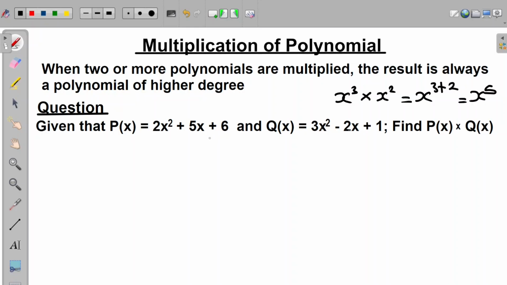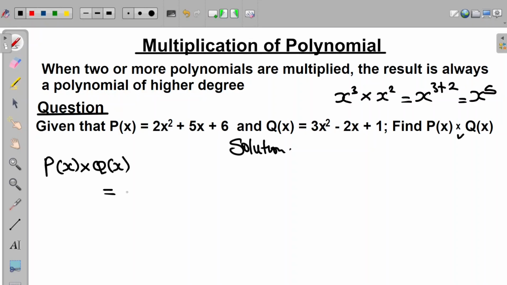So we are given that p of x is equal to 2x squared plus 5x plus 6, and q of x is equal to 3x squared minus 2x plus 1. We are asked to find p of x multiplied by q of x. So the question given to us is that we should find the product of p of x and q of x.